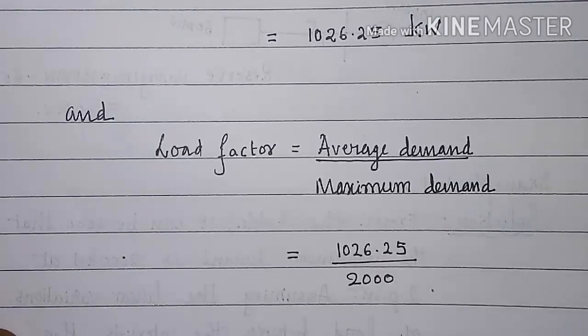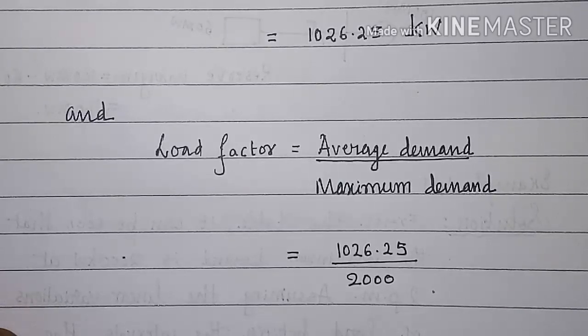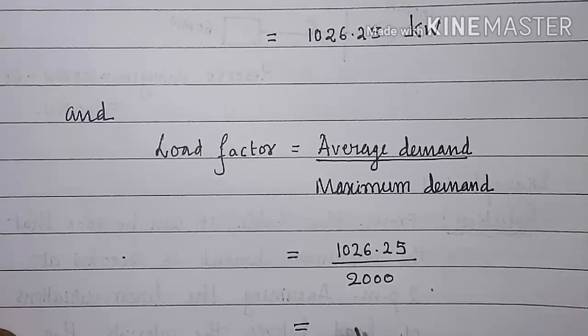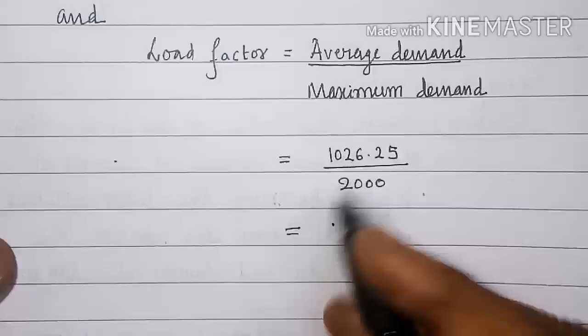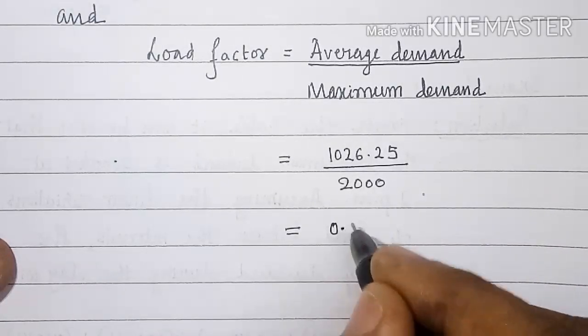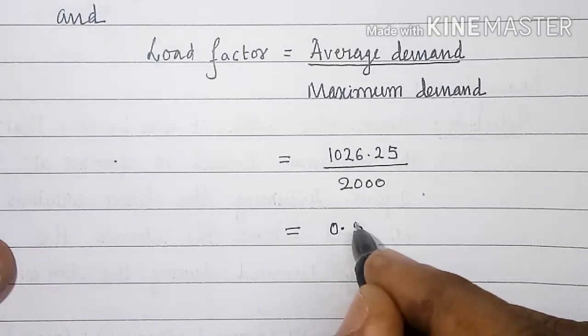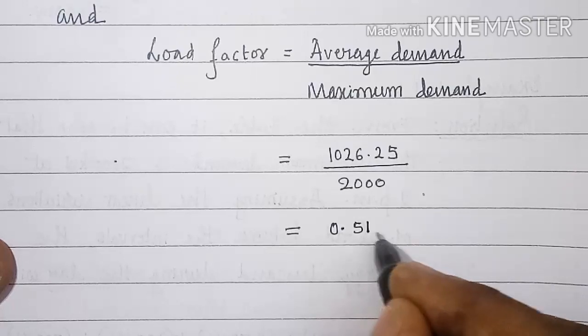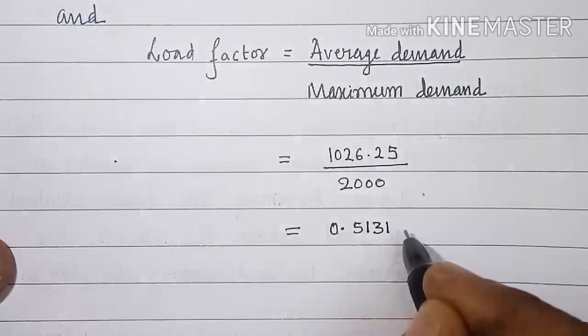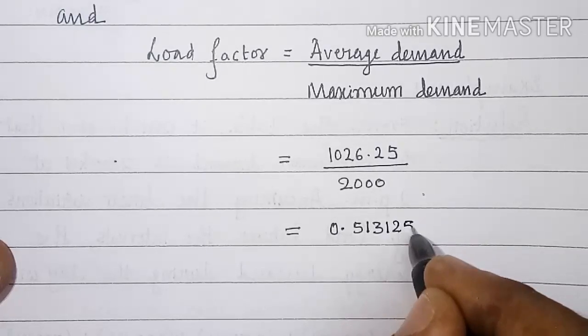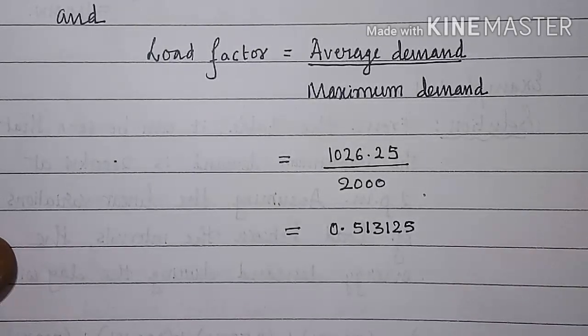This also we have come to know. On simplification, we get 0.513125.